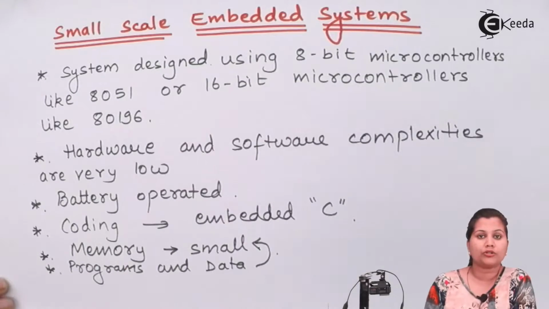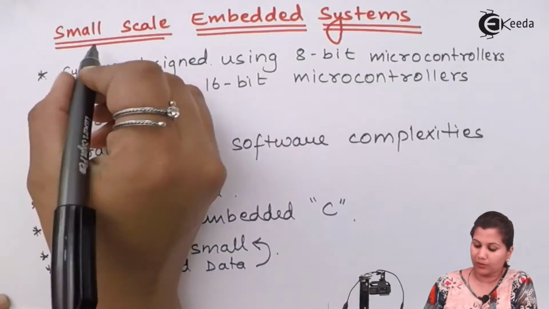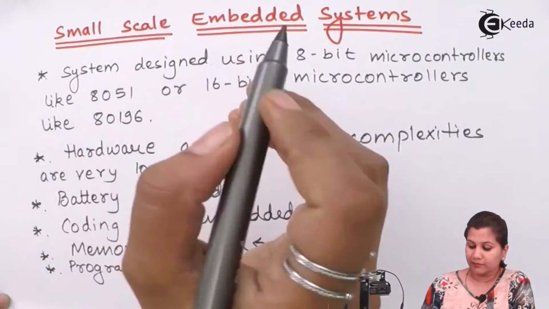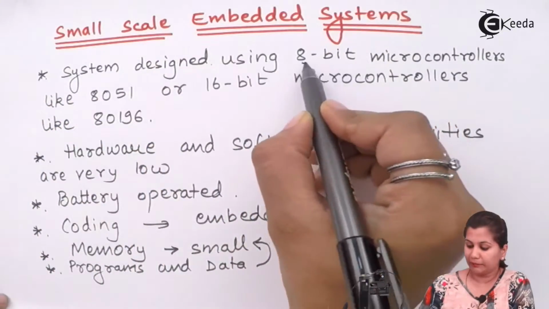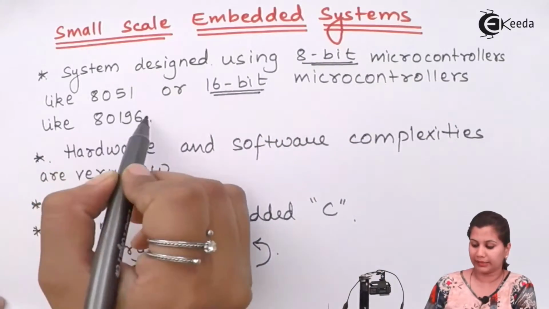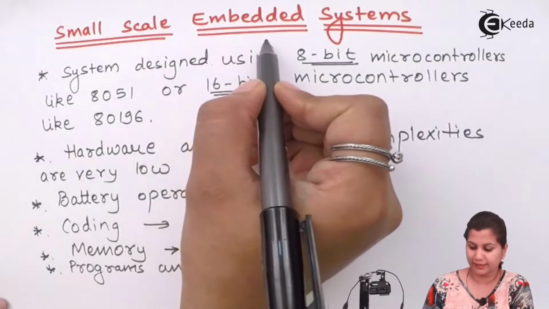Okay, so these are the features of the small scale embedded system, that the systems which are designed using the 8-bit or the 16-bit microcontrollers come under the category of small scale embedded systems.